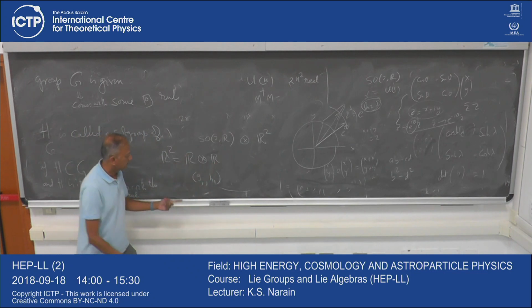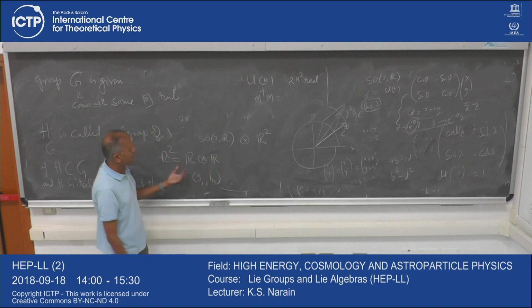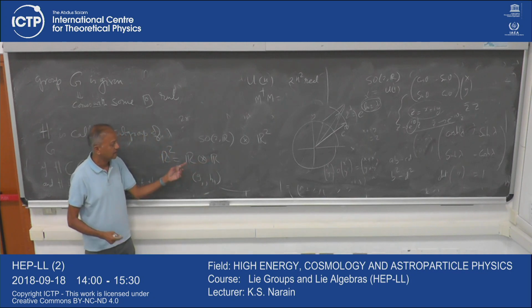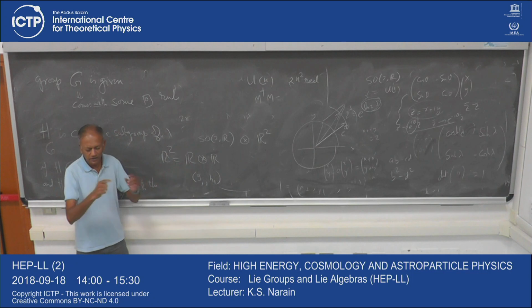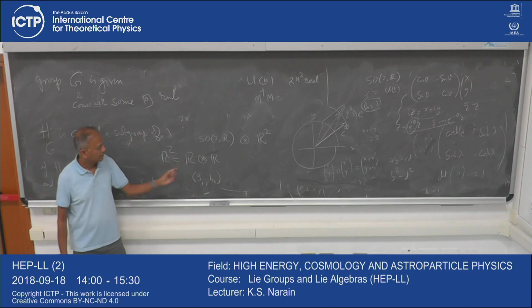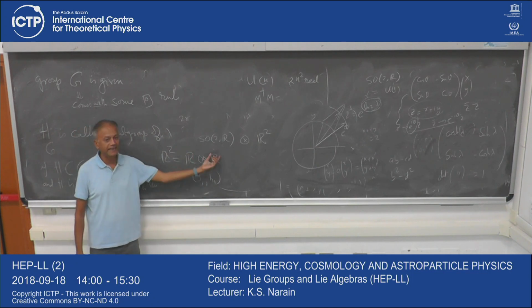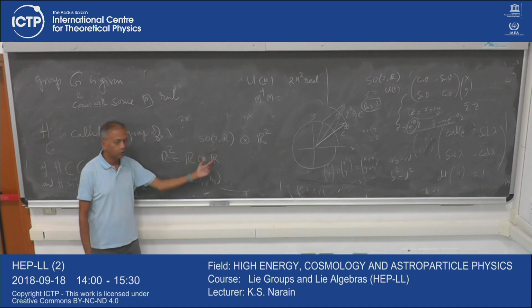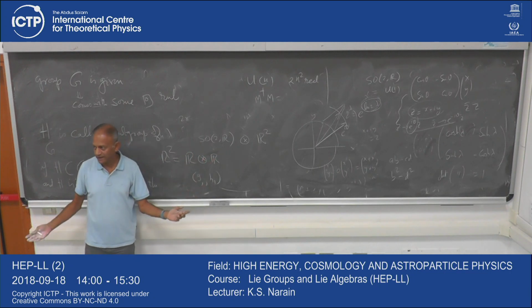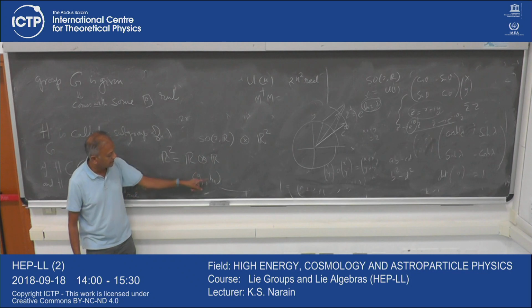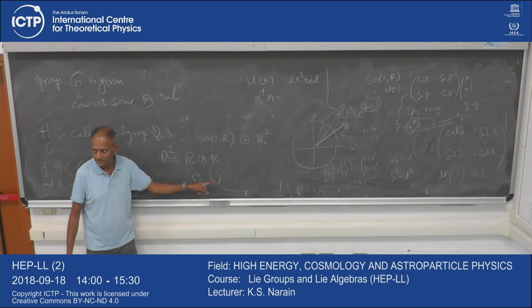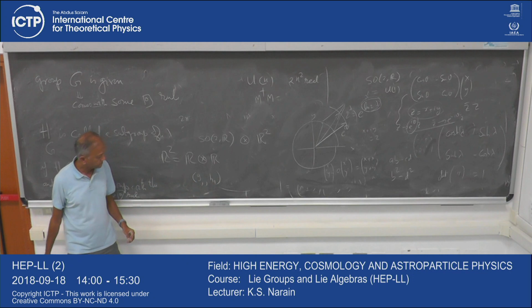Right? Here, suppose it's infinite dimensional, but imagine it's a finite group, with a finite number of elements. Suppose there are 10 elements here and 50 elements there, then the product group will have 10 times 50, 500 elements, because this can be any one of the 10, that can be any one of the 50, right? So it's a product.